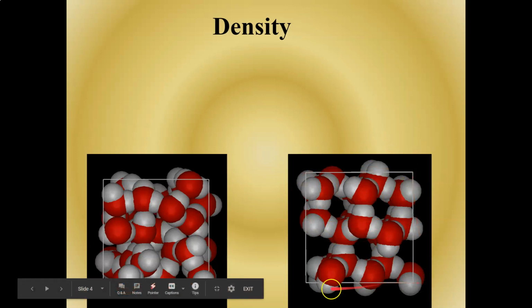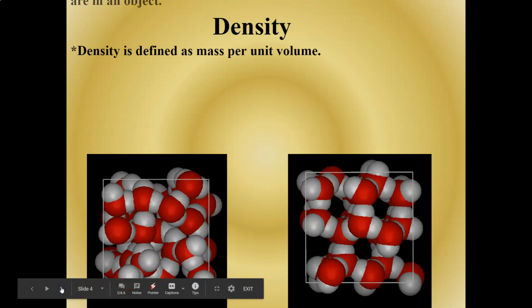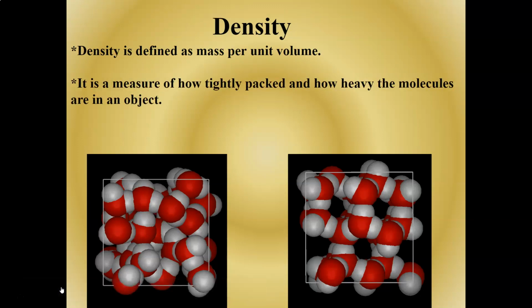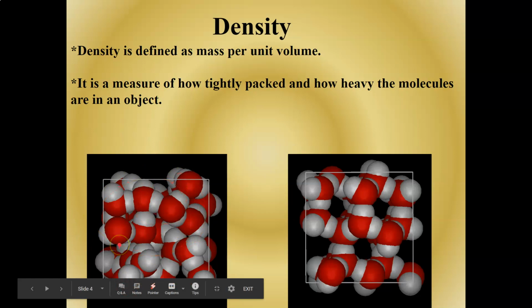The molecules are less compact within that same space. So we define density as the amount of mass within a given unit of volume. And that's exactly what it's measuring. How compact is the matter within this space?